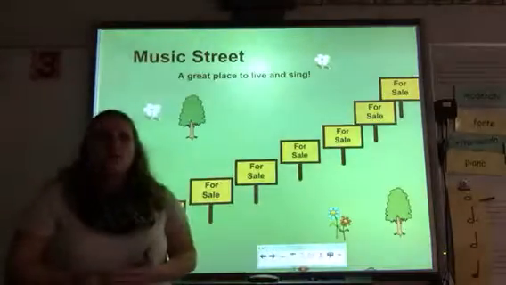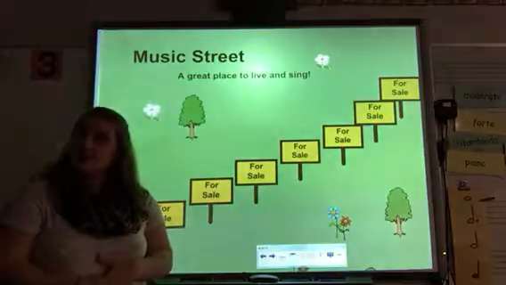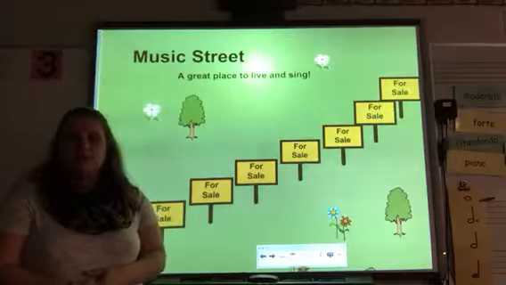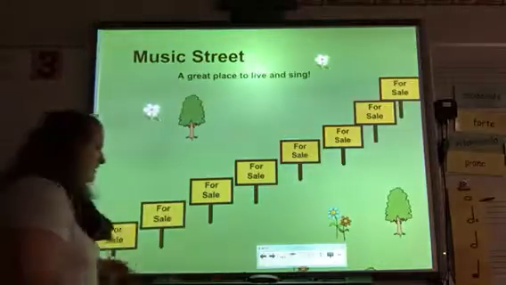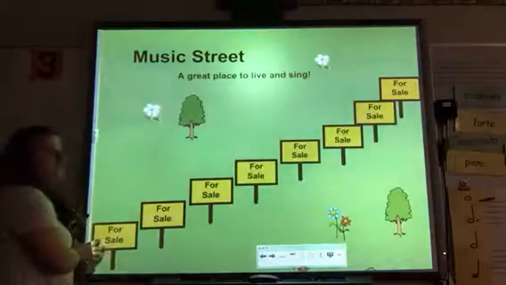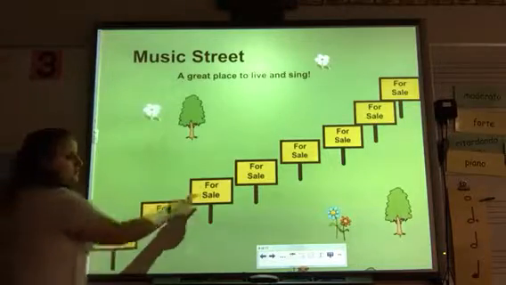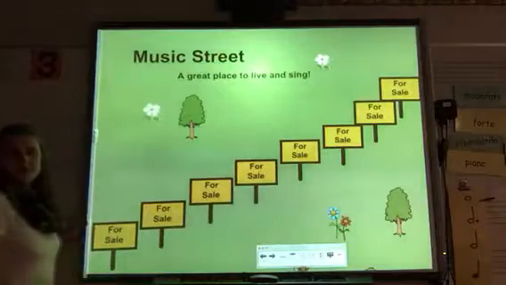Solfege is how we use syllables like do, re, mi, fa, sol, la, ti, do to show relationships between higher sounds and lower sounds, pitch. If you look at my music street, and we've talked about this story before, you know that each of these for sale signs is a lot on our street.